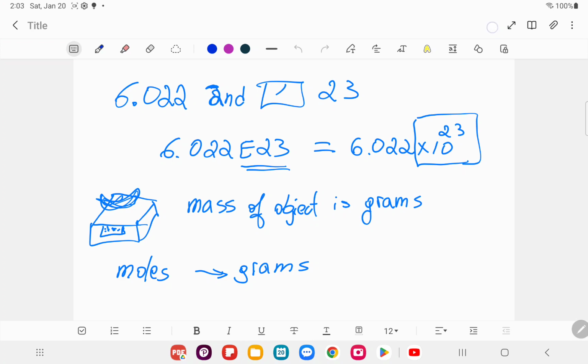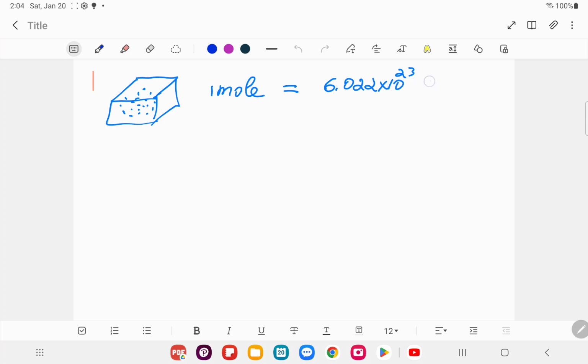Let's say that I have this container, and we said this one is 1 mole. So inside here there are a lot of items, right? And the number of items is 6.022 times 10 to the 23rd. So we know that 1 mole contains 6.022 times 10 to the 23rd items.